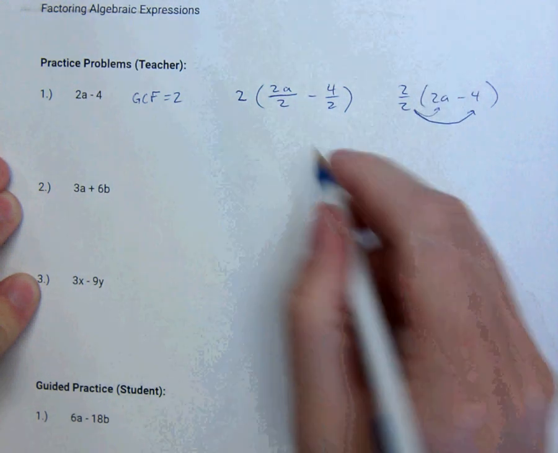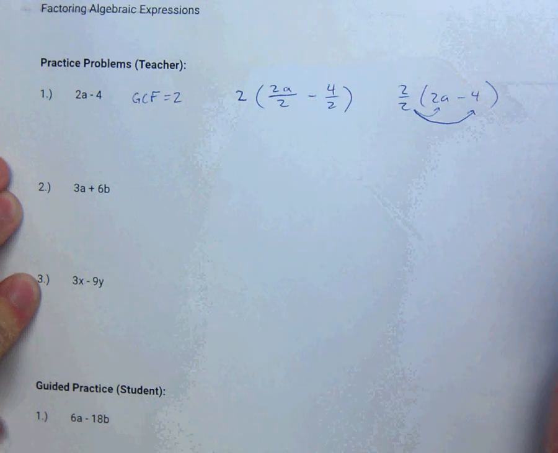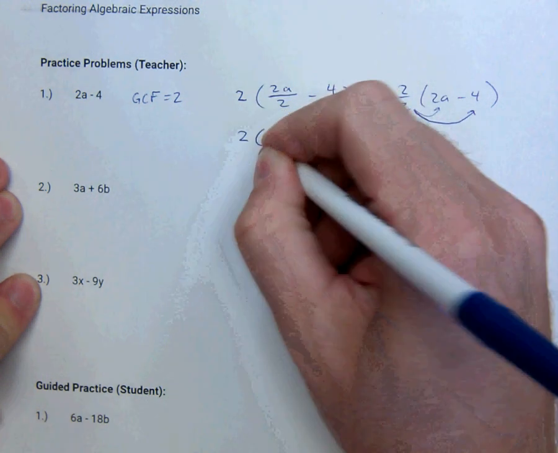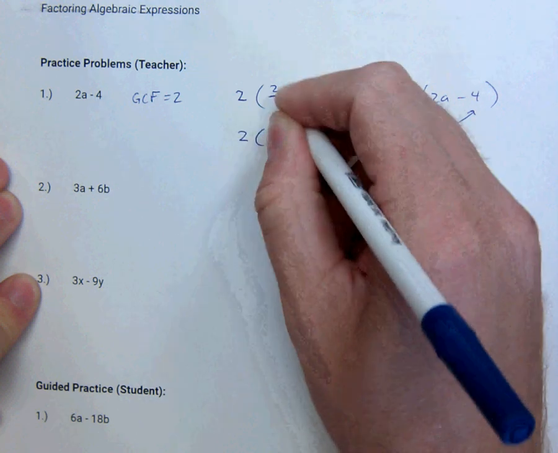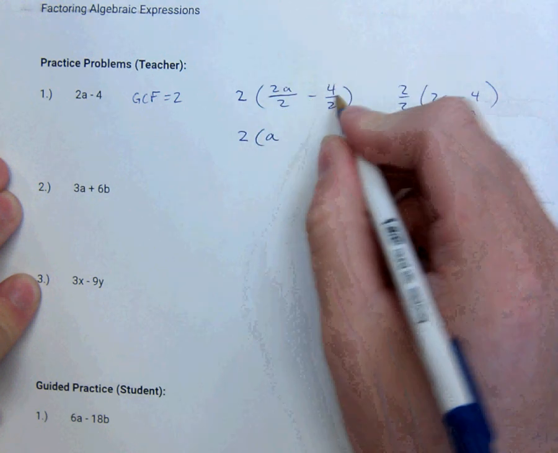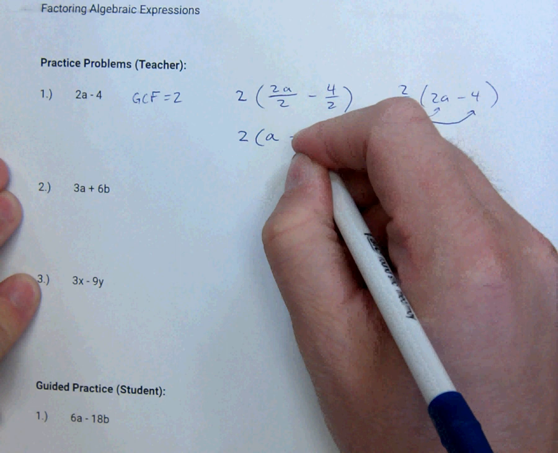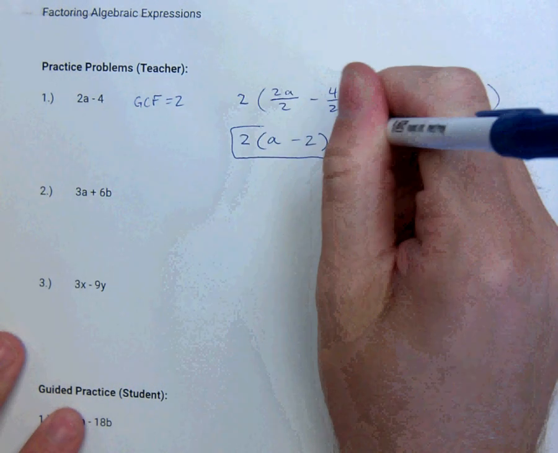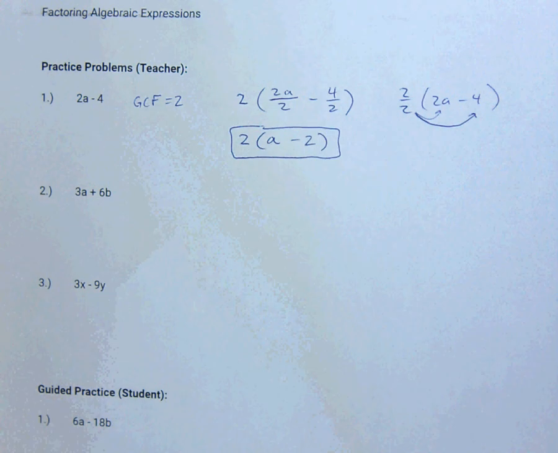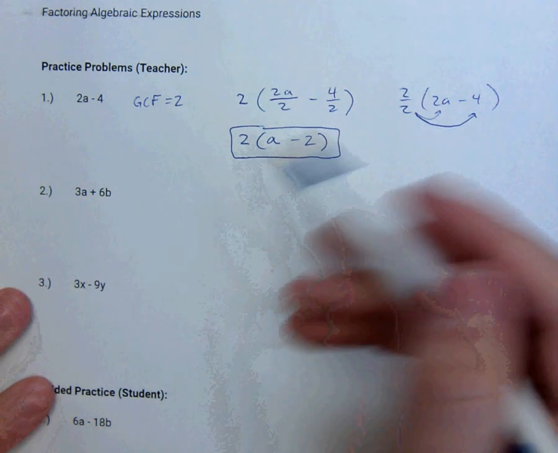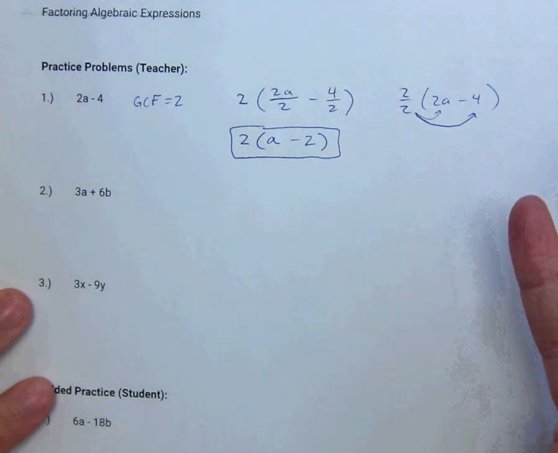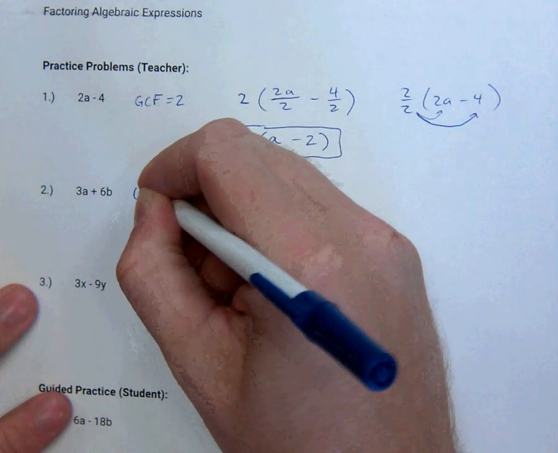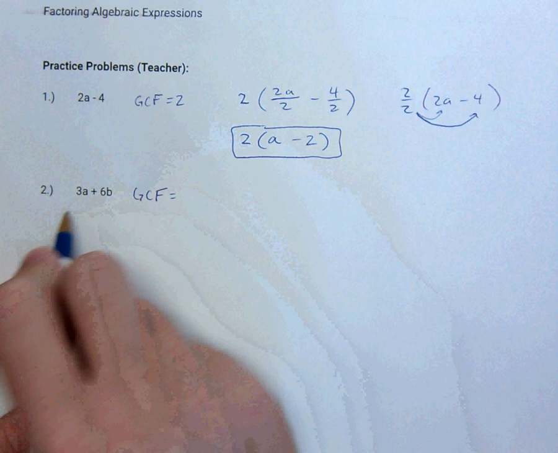Once I have this, I just simplify it. 2 divided by 2 is 1, so that's 1a. 4 divided by 2 is 2. This is what is happening. You don't always have to write out the whole thing, but it helps, especially early while we're getting to learn how to do this.